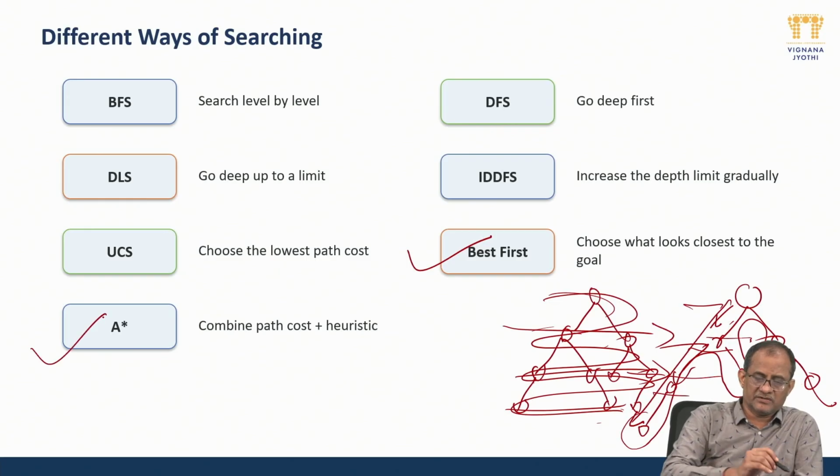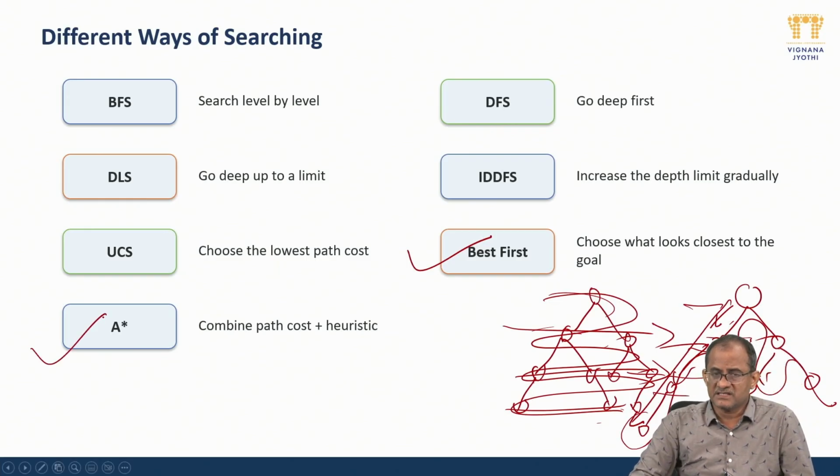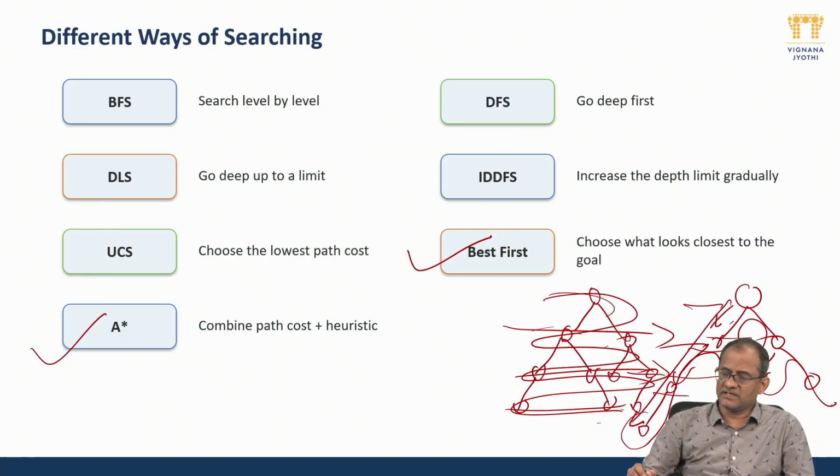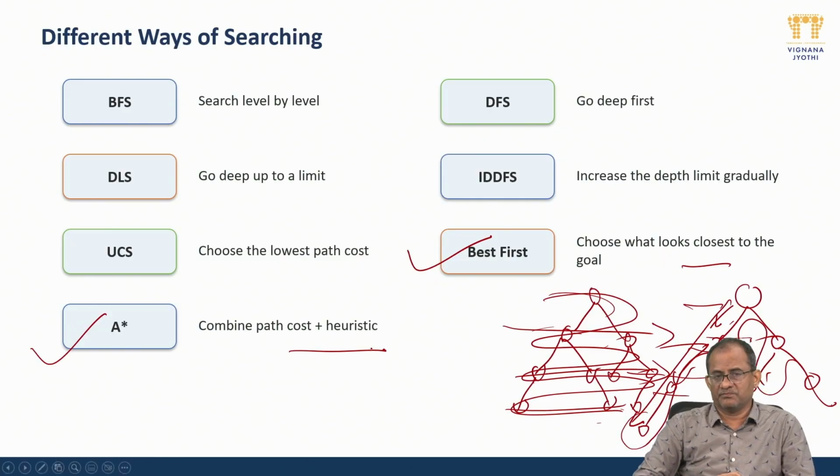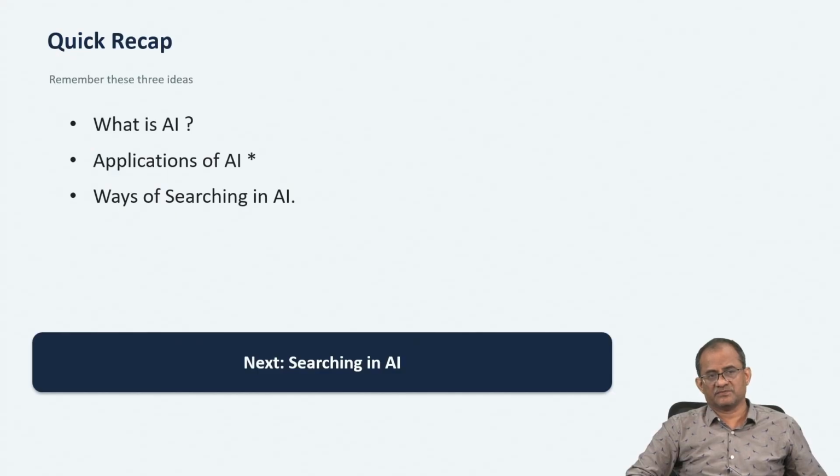And A-star is another algorithm, the advanced version of best first search, as it overcomes some of the disadvantages of best first search and applies a new concept that is cost plus heuristic. Here it is only heuristic, there it is cost plus heuristic, making the best of best first search. We will see that in the coming algorithms.